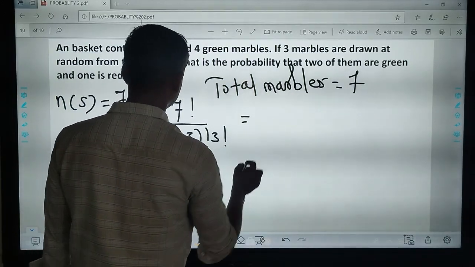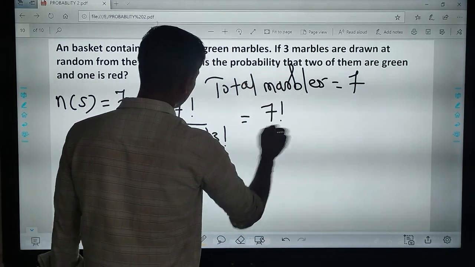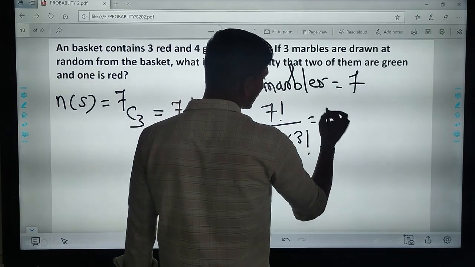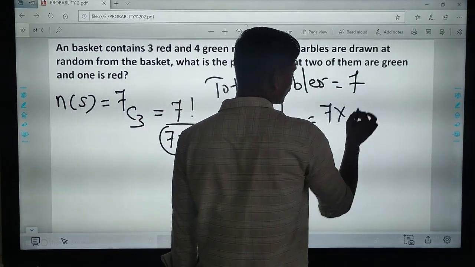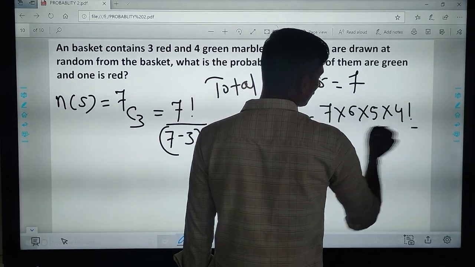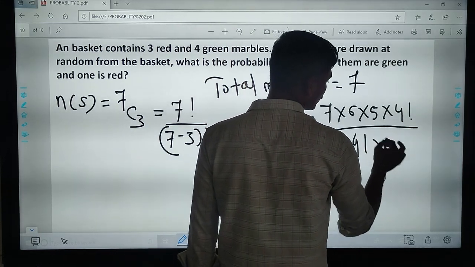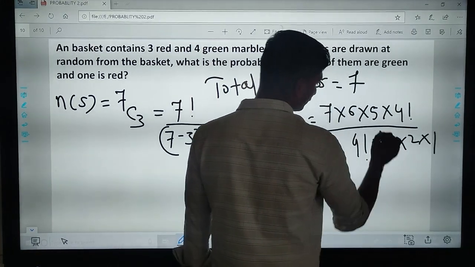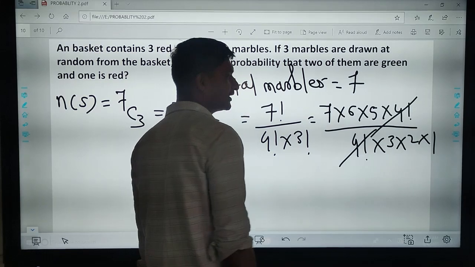Now here 7 factorial divided by 4 factorial into 3 factorial. Here we write 7 factorial as 7 into 6 into 5 into 4 factorial, divided by 4 factorial into 3 factorial, which means 3 into 2 into 1. 4 factorial gets cancelled.